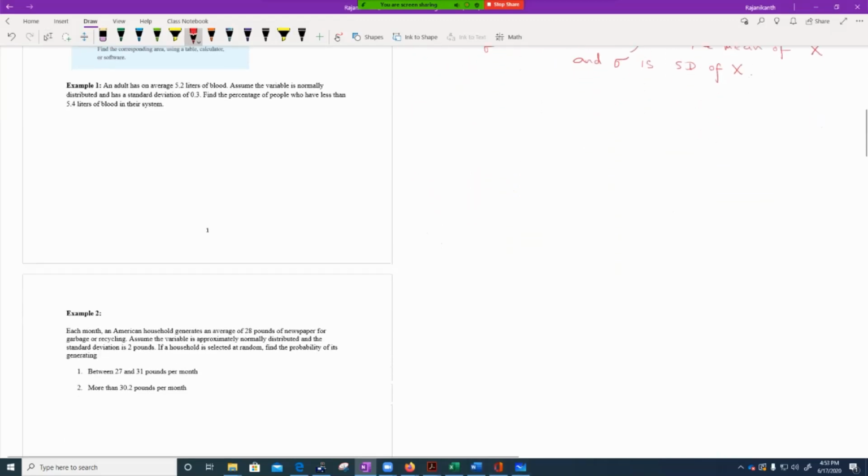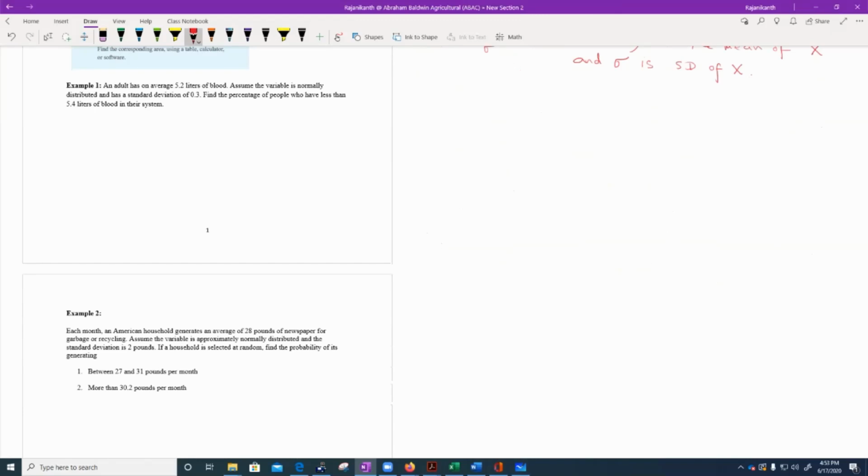Look at this example. An adult has an average of 5.2 liters of blood. Assume that the variable is normally distributed and has a standard deviation of 0.3. Find the percentage of people who have less than 5.4 liters of blood in their system.